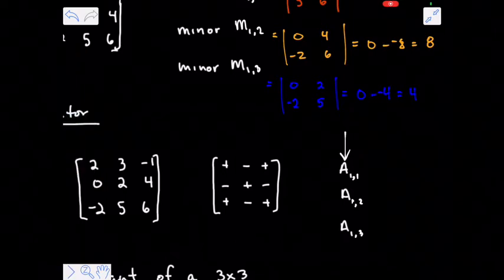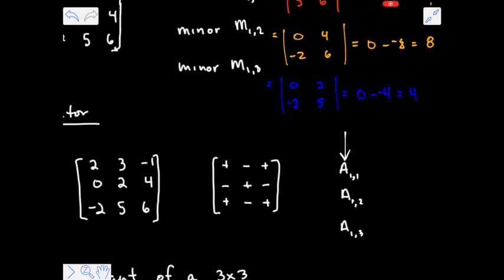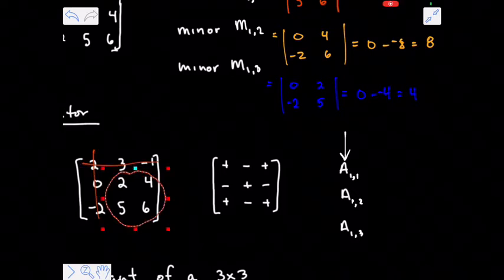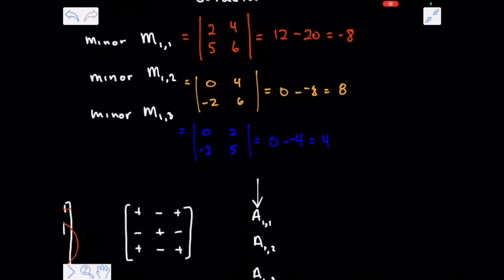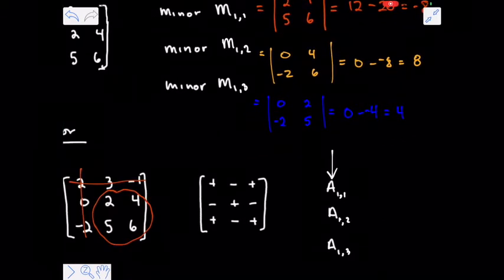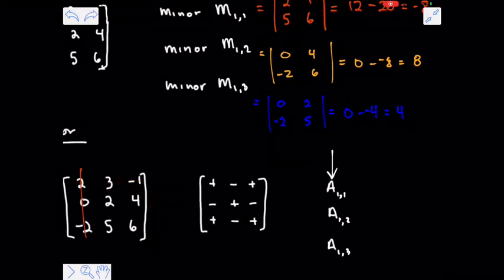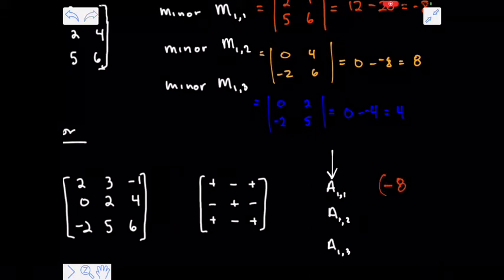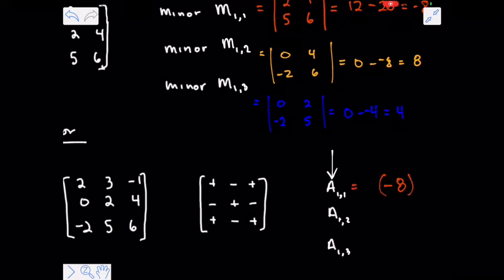Here we calculated row 1 column 1, which left this, which we calculated here to be negative 8. So I'm going to go ahead and write that right here for A 1 comma 1. The minor was negative 8. And now here's where we either multiply it by 1 or negative 1.